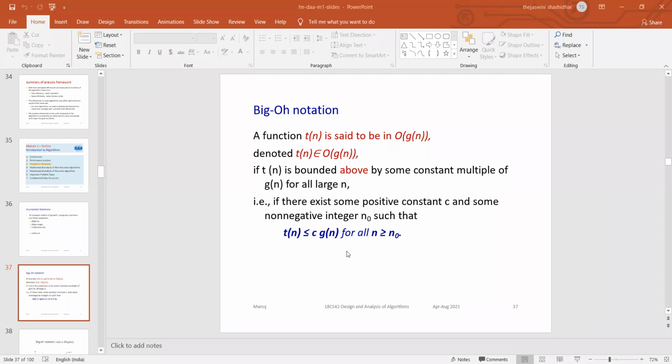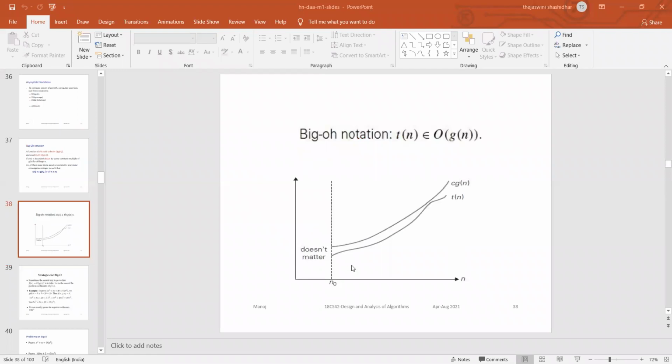Which are the two functions we are taking here? T of n and G of n. While comparing, you have to say that T of n is less than or equal to G of n. Keep that in mind. Here you see, these are the two functions we have taken: T of n is smaller, G of n is above.